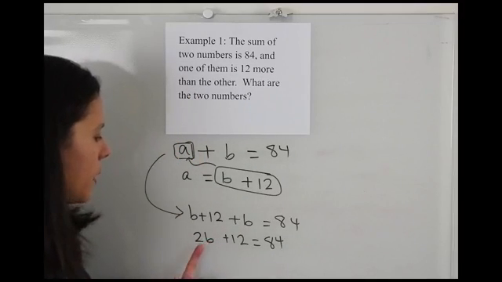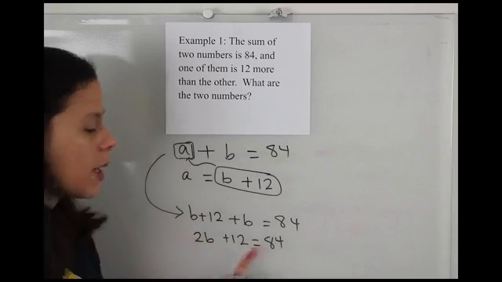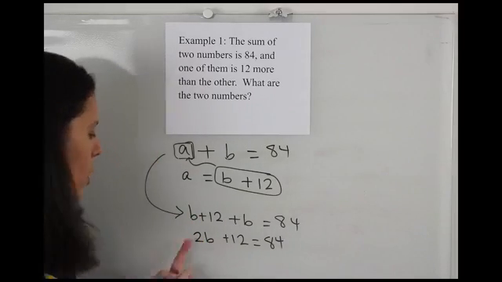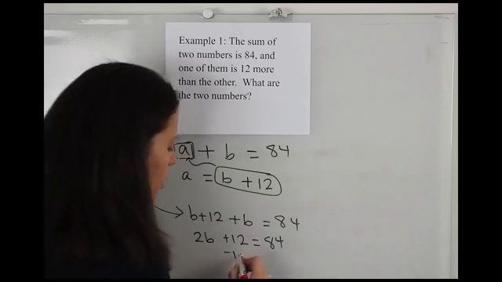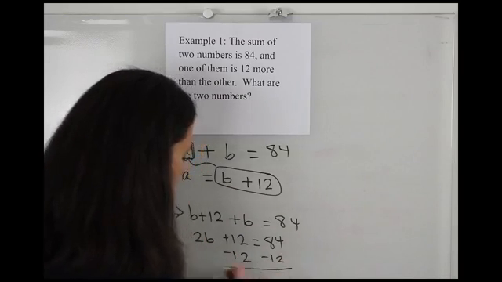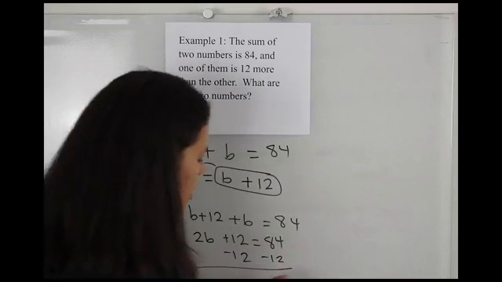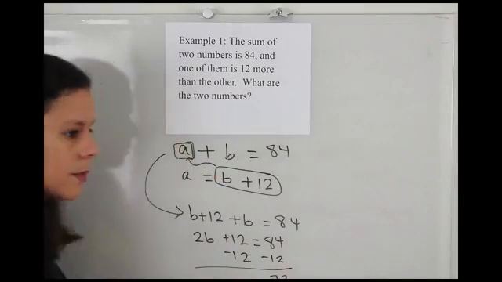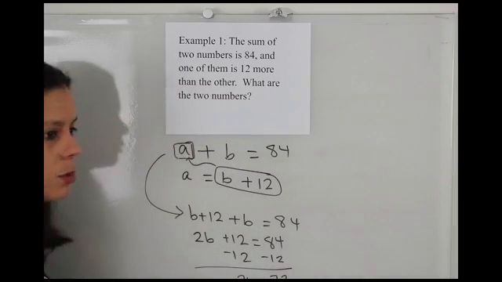The next logical step would be to subtract 12 on both sides, right? Because the whole point is we want to leave B alone because we want to solve for B. So we're going to subtract 12 on both sides. So this is going to be 84 minus 12, which is 72. Okay, so 2B is going to be equal to 72.